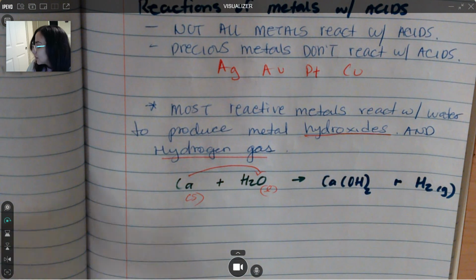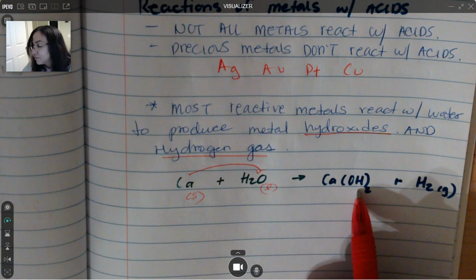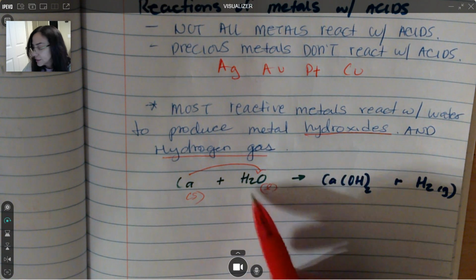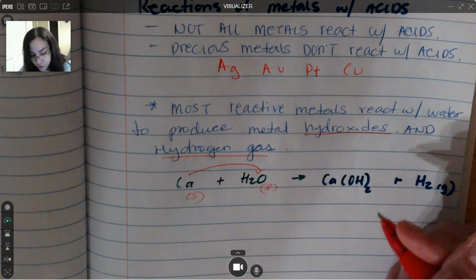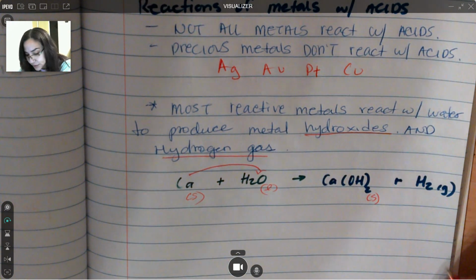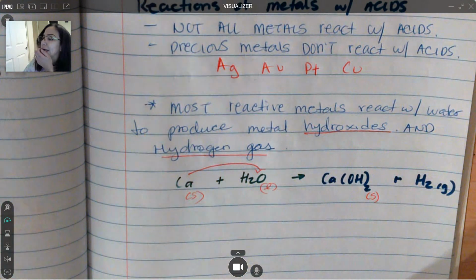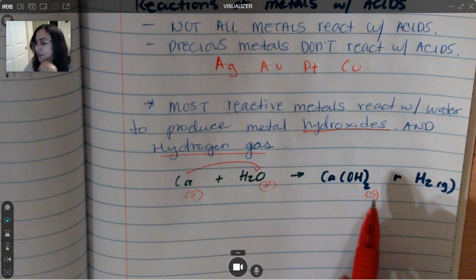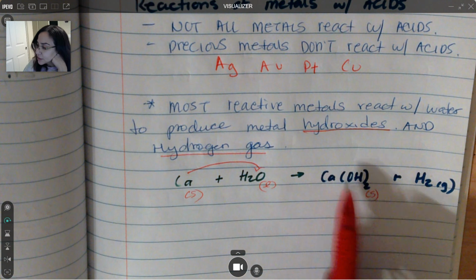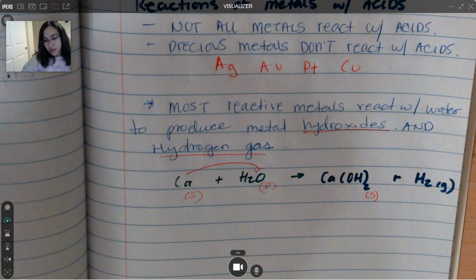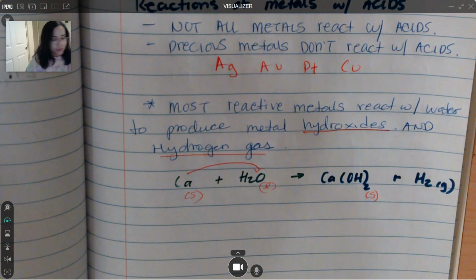Now, hydroxide came about from the dissociation of our liquid water when calcium was introduced. And that dissociation occurred because calcium is reactive. And by looking at the solubility chart, I could see that hydroxide is insoluble. Calcium hydroxide specifically is insoluble, and that's going to just create a solid.